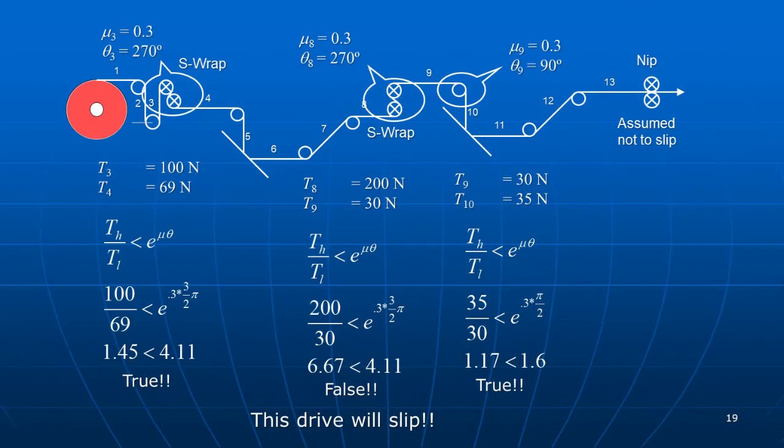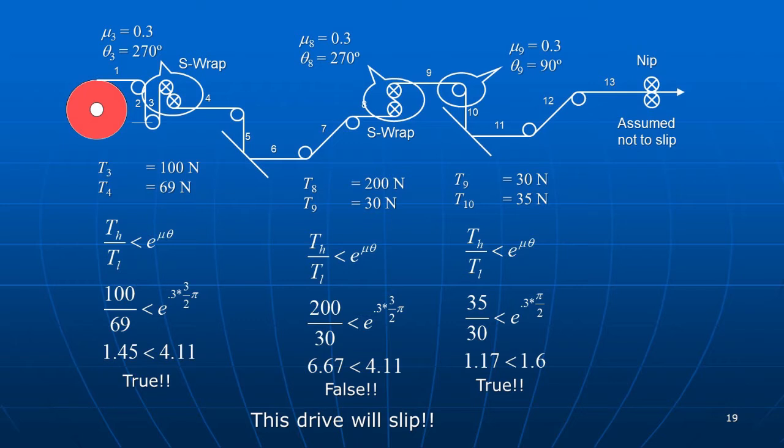An example of how we use that, this is a web path that we've done some calculation on. If we look at our first S-wrap here, which is our master roller, we definitely don't want to slip there. If we look at T3, it's 100 newtons. If we look at T4, it was calculated out to be 69 newtons.